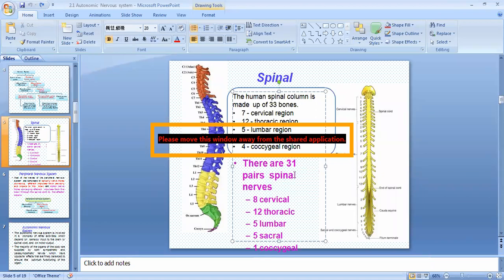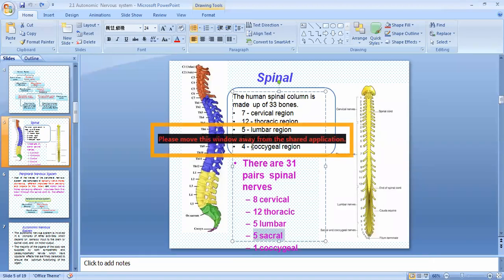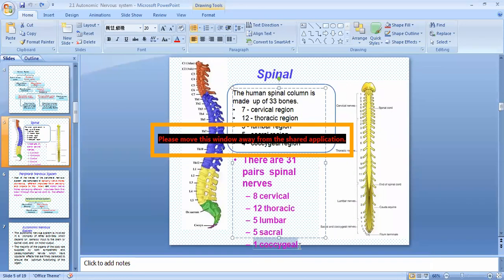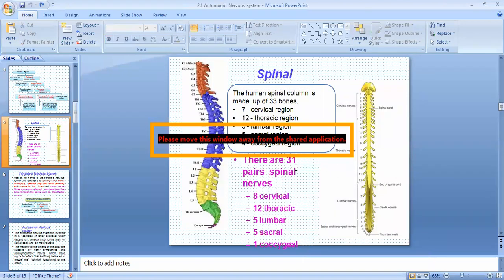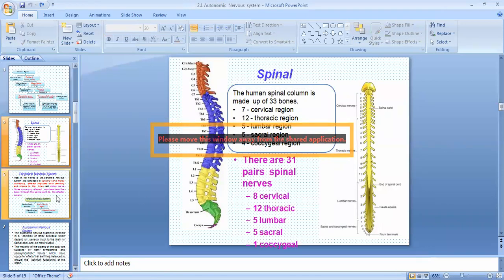See, 33 bones and 31 pairs of spinal nerves are involved in the system, out of which 8 cervical, 12 thoracic, 5 lumbar, प्रत्येकामधून बाहेर पडणाऱ्या त्यांच्या nerves आहेत, then 5 sacral, and out of the coccygeal region bones, only 1 nerve is coming out from the coccygeal region of our spinal cord. That's why the bones are 33 and the nerves are 31.